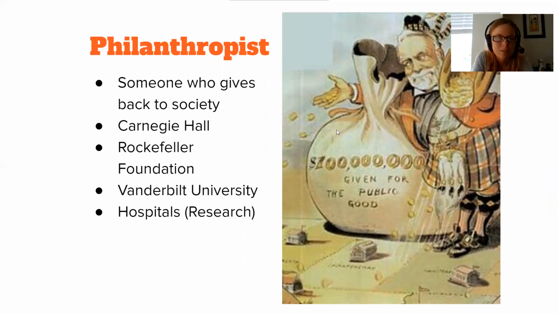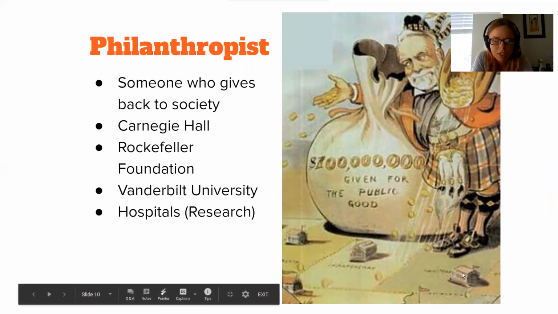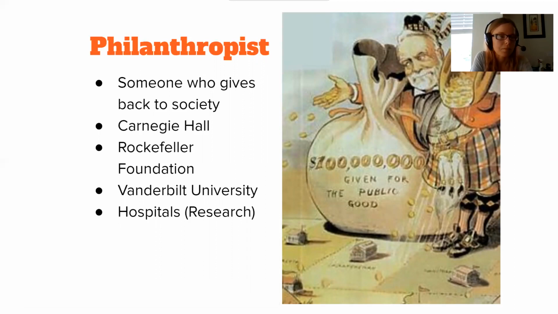Scottish. And he's got this big giant bag of money that says given for the public good. And actually what it's showing there is that he's building libraries in all these different states. He built libraries across the United States and in other countries of the world because Andrew Carnegie himself had never had much of a formal education. He was born very poor as an immigrant from Scotland.